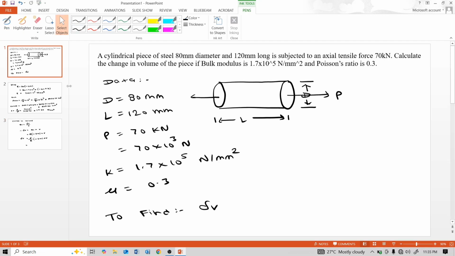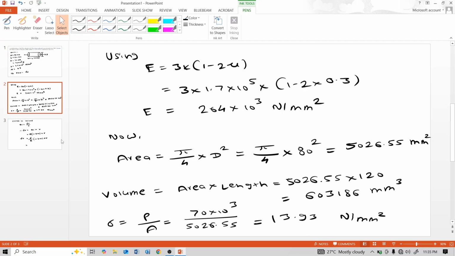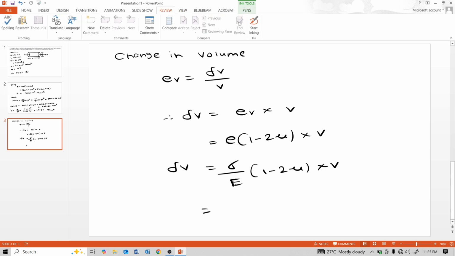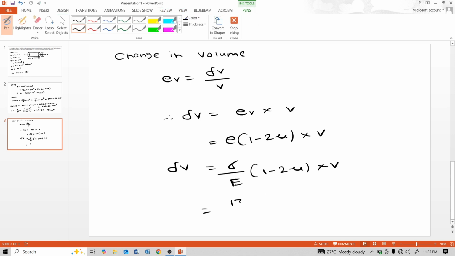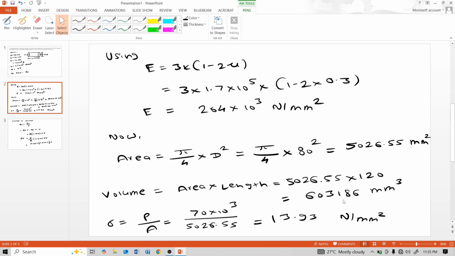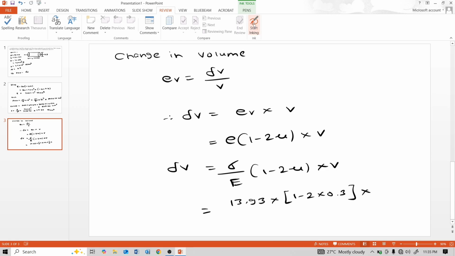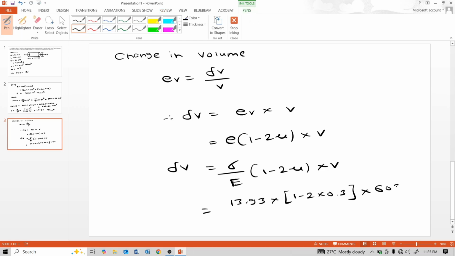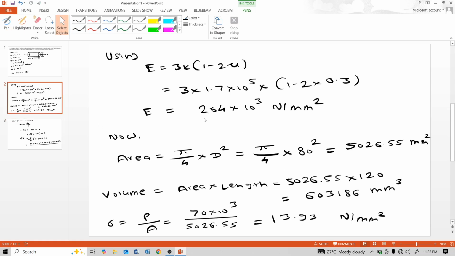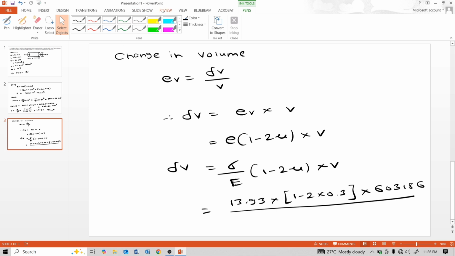Stress is this 13.93 multiplied by 1 minus 2 into 0.3, multiplied by volume, which is this 603186, divided by E, which is this 204 into 10 raised to 3.